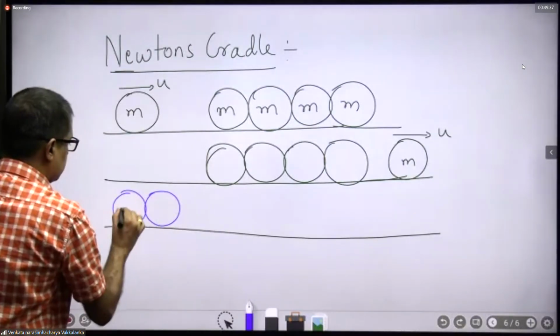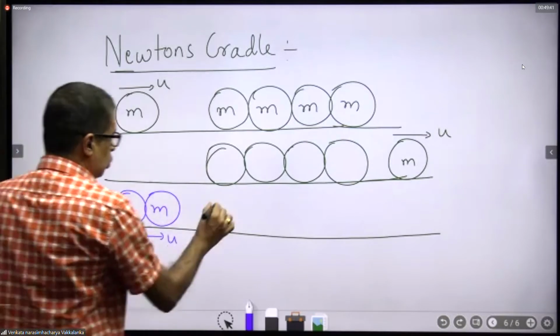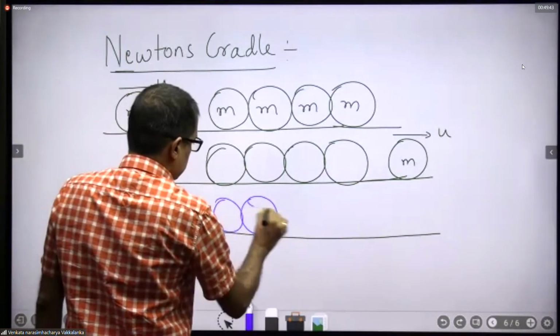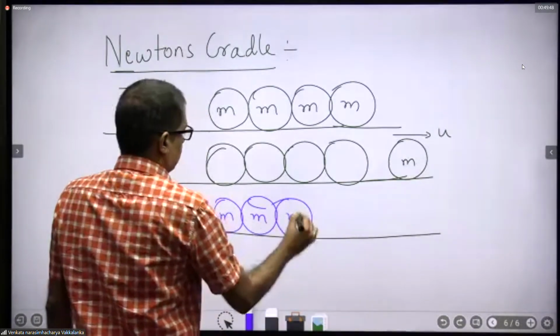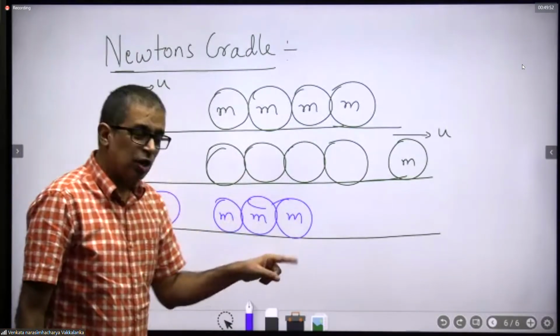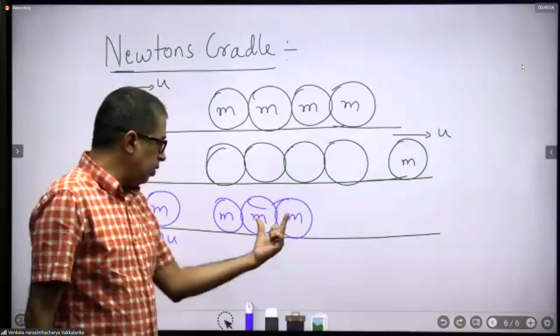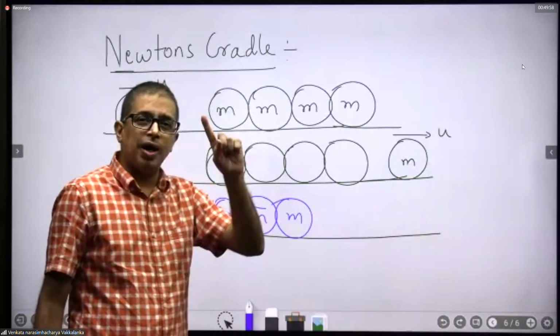Two masses m and m moving with a velocity u towards these 3 identical masses. Now they asked, what will be the byproduct? Will 2 masses with u and u come out, or 1 mass with 2u?